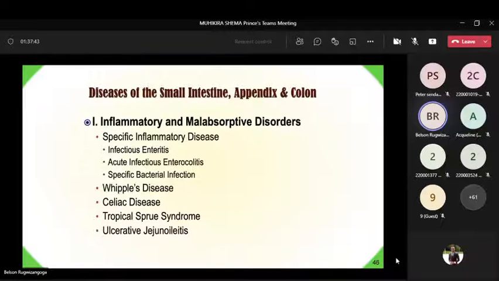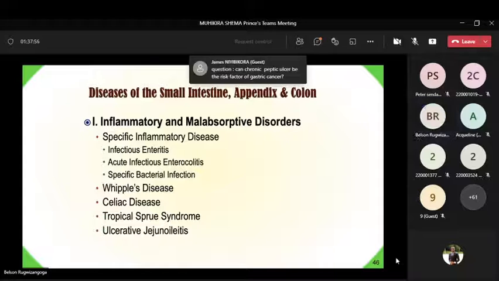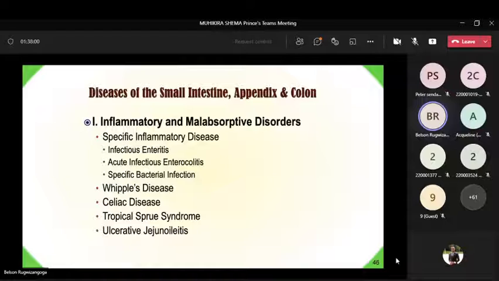Specific inflammatory diseases include infectious enteritis, such as cholera and dysentery, and so on. There is acute infectious enterocolitis, which affects both the small bowel and the colon, and specific bacterial infections.